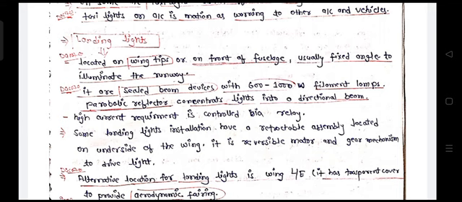When the taxi lights are on, it gives a warning to other aircraft that there is an aircraft which is moving, just like the headlight of your vehicle, right? What is the headlight of your vehicle doing? It is giving some information to the vehicle which is coming from the front that you are coming, right?